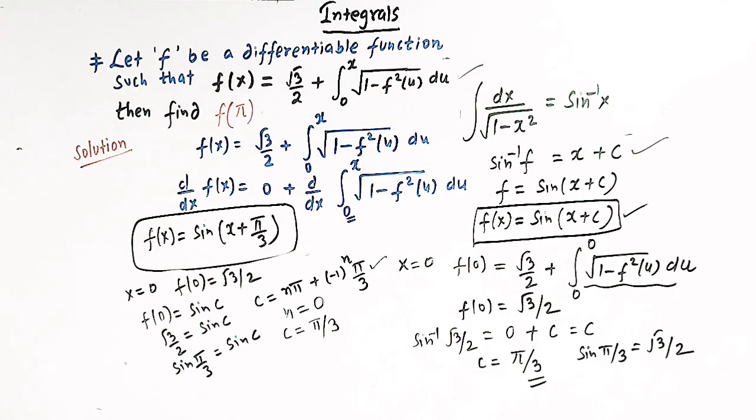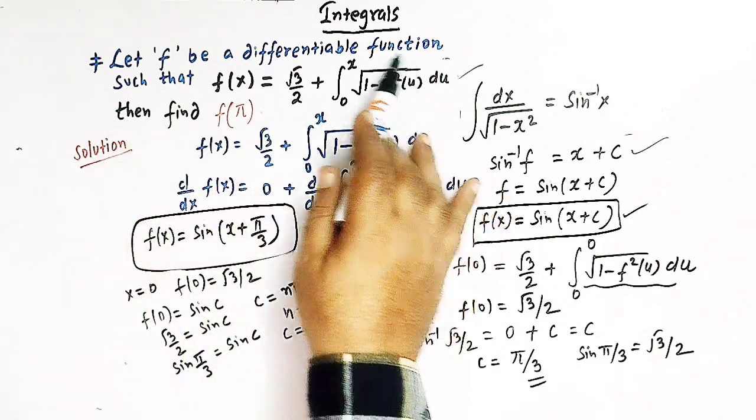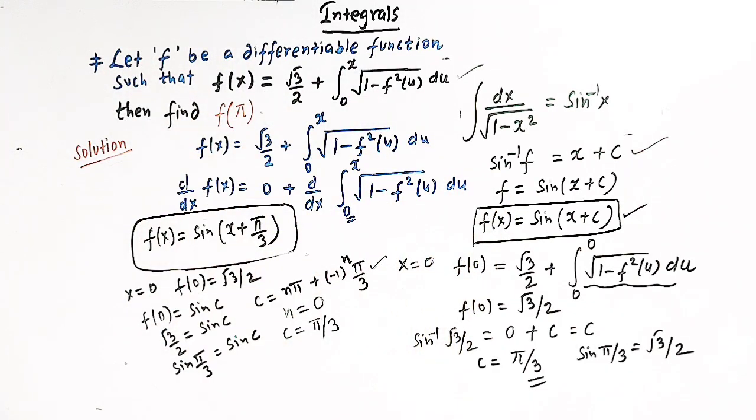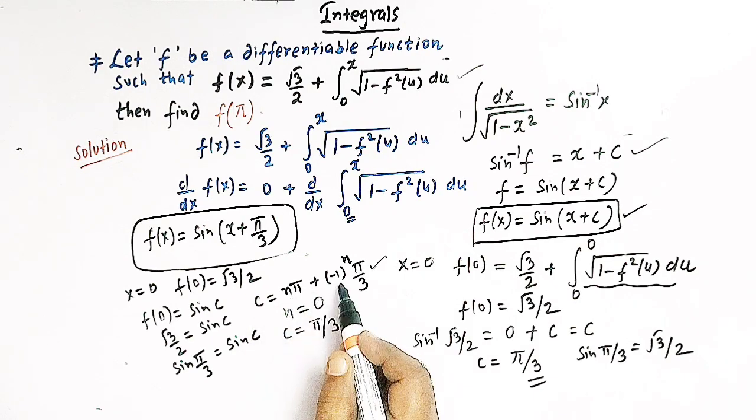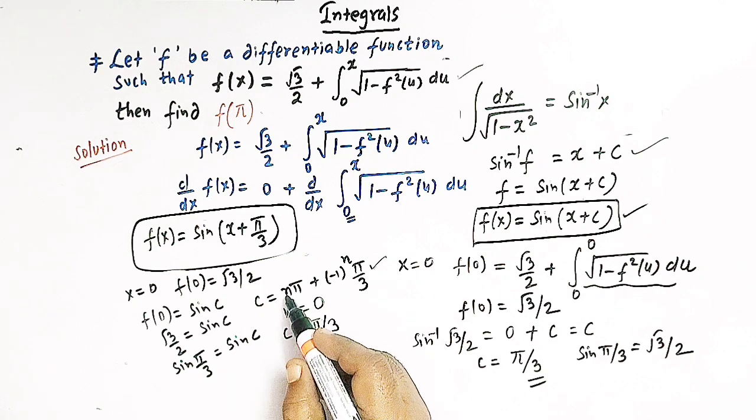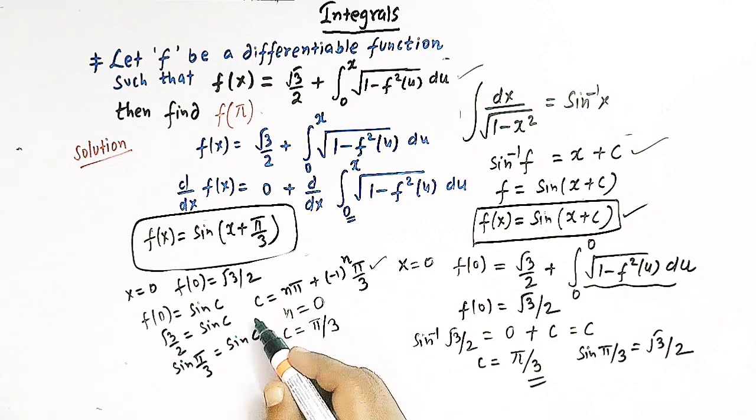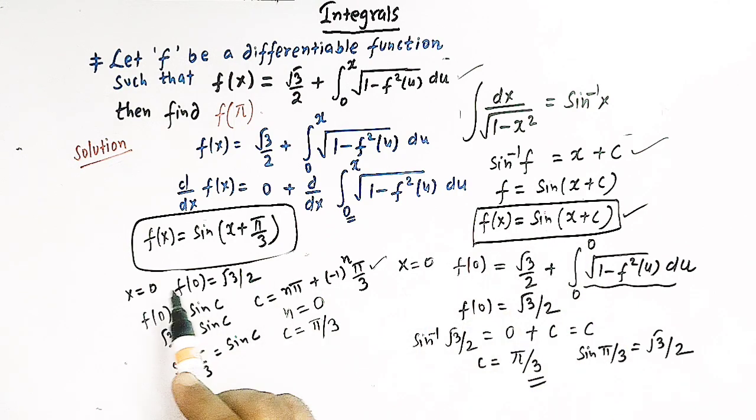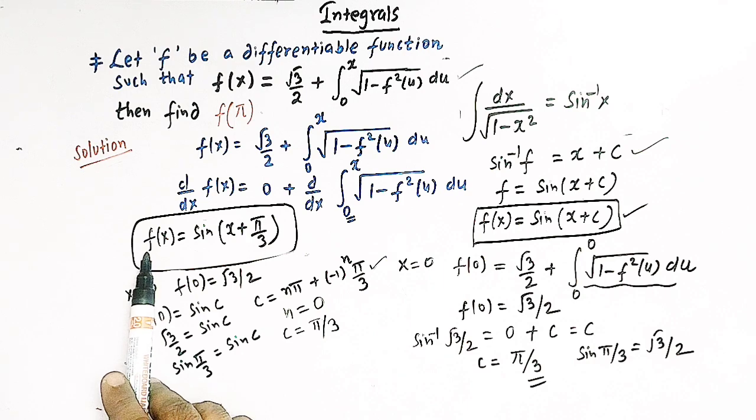So to summarize this discussion, we can easily conclude that as per the requirement of the given problem, we can use the different values of c from this general solution. Assigning different values to n, we can obtain different values of this constant of integration c, and accordingly the form of the function f of x can be taken.